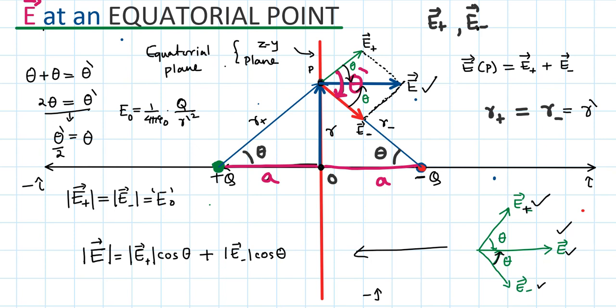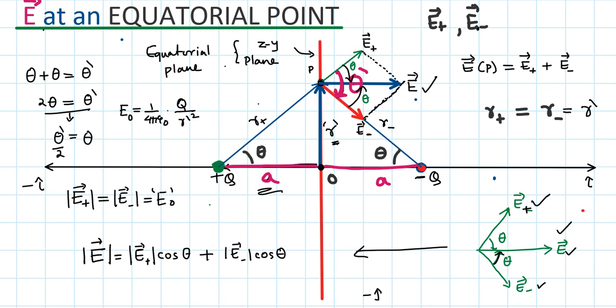So E0 is known. The only quantity that troubles us is R prime, because we don't have to measure this distance R prime from the plane. Instead we can replace R prime in terms of R and A.